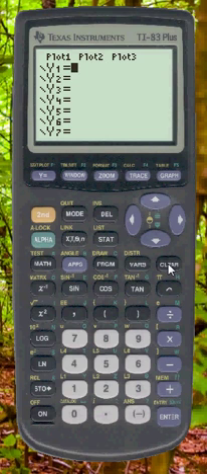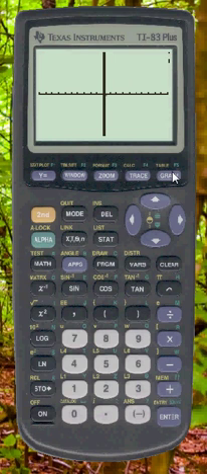And suppose I want to do a logarithm type graph. How about if I do a ln of x raised to the third power and then hit graph? Isn't that interesting?